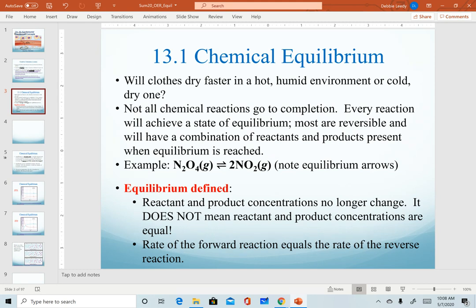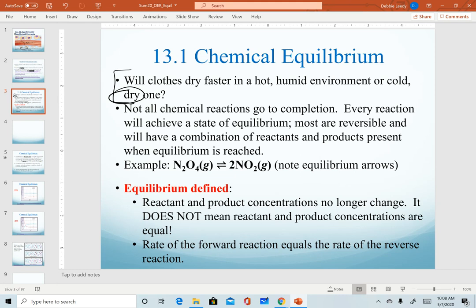As an example of the concept of equilibrium, if you were going to do a load of laundry and dry your clothes outside, would they dry faster in a hot and humid environment or a cold and dry one? In fact, clothes would dry faster in a dry environment, because there are fewer water molecules in the atmosphere.